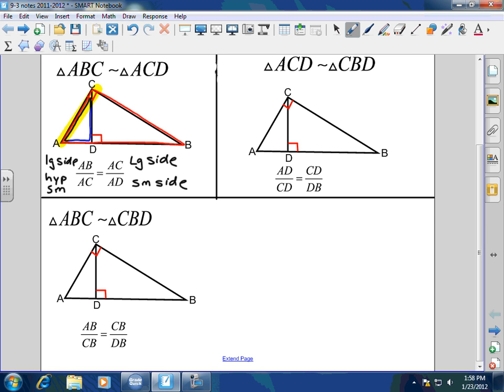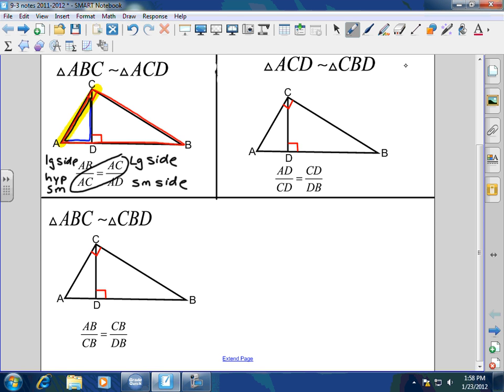So in the middle here, to make your life easy, it's the shared side. So you could have gone AC to AB equals AD to AC. Same thing. The mean here is the shared side.